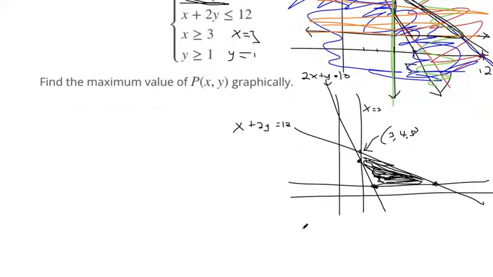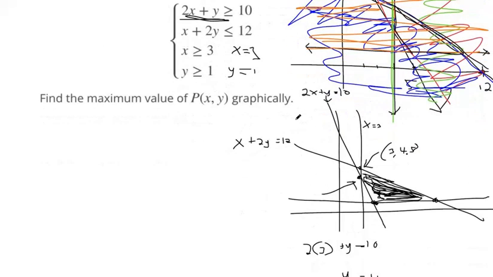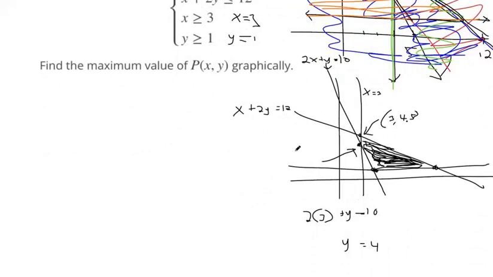So same thing, plug in 3 for x and solve for y. So we get 6, subtract 6 from both sides, you get y equals 4. So this point is 3 in the x and 4 in the y.